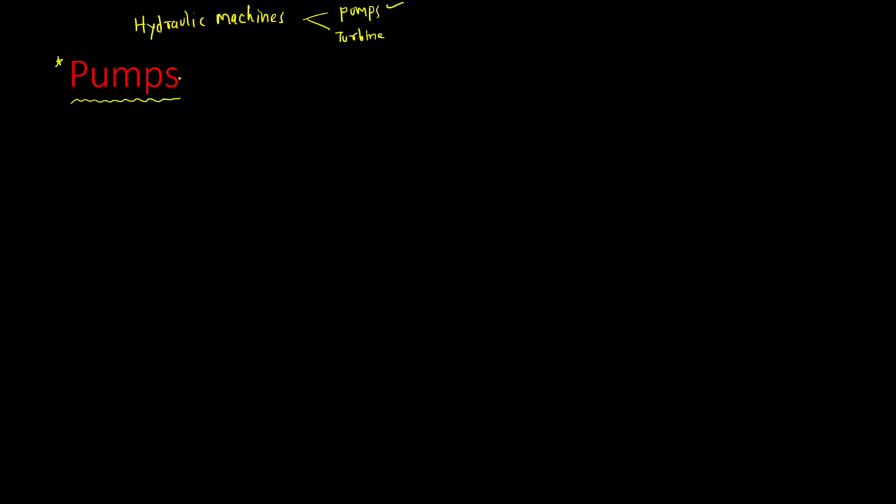Now we will only see what are the various types of pumps and what are the main uses of those pumps. Before starting that, you must have seen a service reservoir which stores the water. So there is an overhead structure.